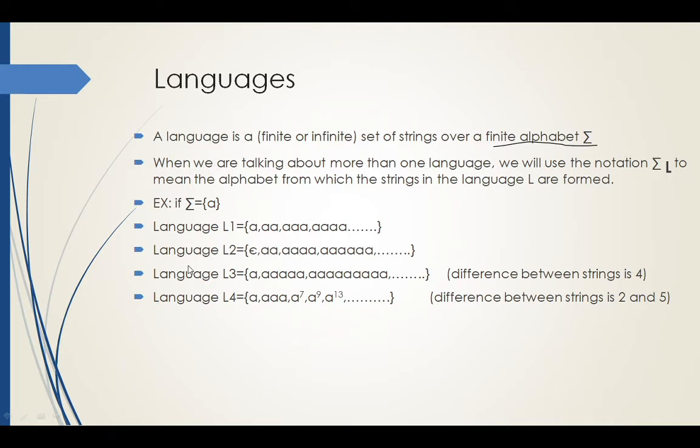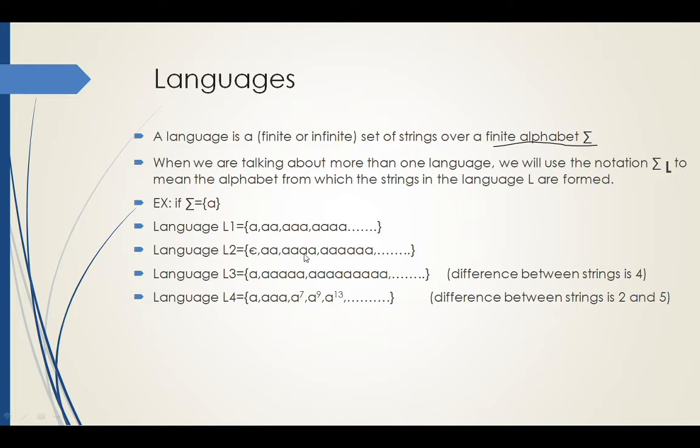The second language I can form using the same alphabet is the language where the occurrence of a is an even number of times. Here 0 is also an even number, and 0 is indicated by epsilon, the empty string. Then 2 a's, 4 a's, 6 a's, and so on.